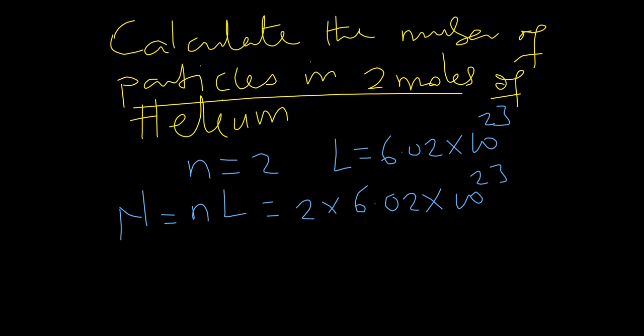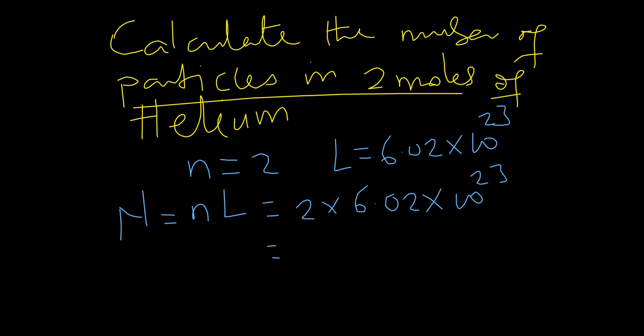When you solve the math, 2 times 6.02 times 10 exponent 23 will give us what? Let me just use my calculator.